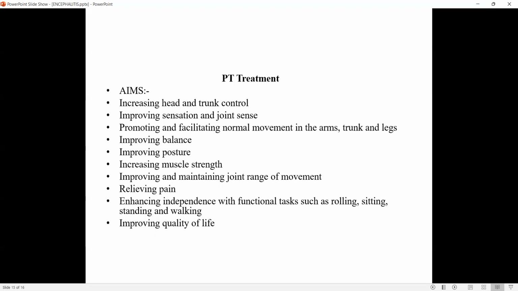First, increasing head and trunk control, improving sensation and joint sense, promoting and facilitating normal movement in the arms, trunk, and legs, improving balance, improving posture, increasing muscle strength, improving and maintaining joint movement, relieving pain, enhancing independence with functional tasks such as rolling, sitting, standing, and walking, improving quality of life.